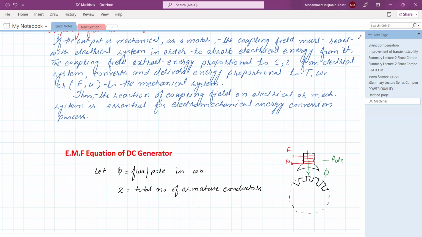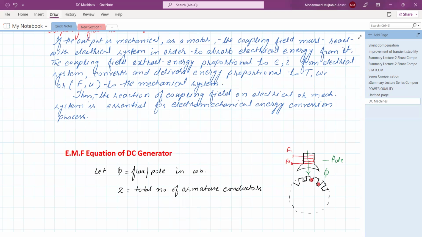So if one slot carries one conductor, then we can say that the number of slots is equal to the number of conductors.